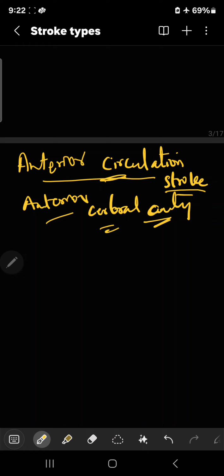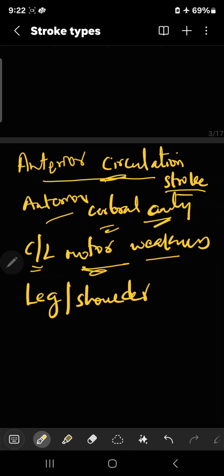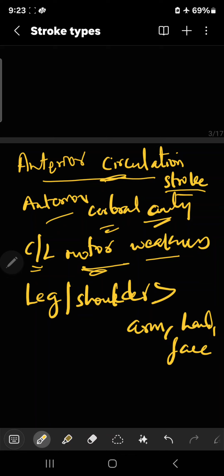There will be contralateral, opposite side, motor weakness. Here the weakness in the leg and shoulder will be greater than in the arm, hand and face. Okay, remember this.